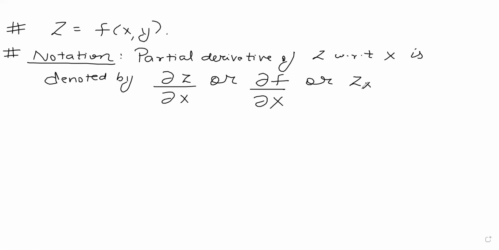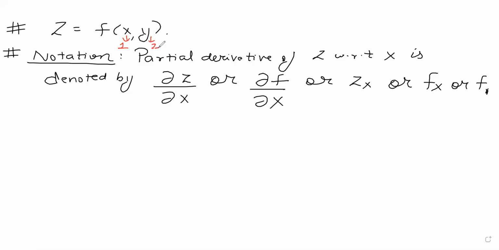Zx, z subscript x, means del z by del x, or some of the books write it as fx, or some of the books even write it as f1. F1 is treating x as variable 1 and y as variable 2.